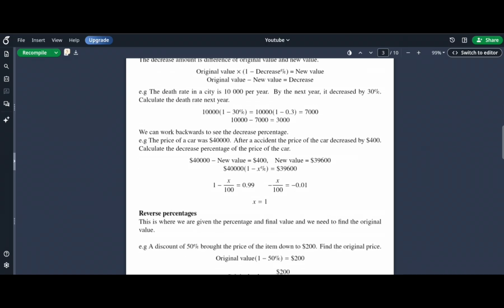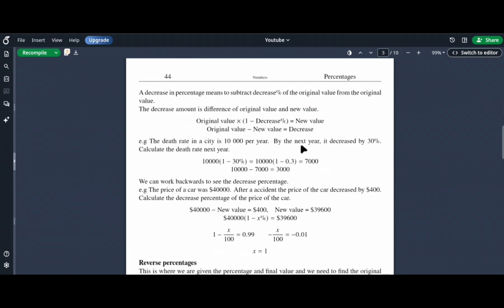Example: the death rate in a city is 1,000 per year. But the next year it decreased by 30%. Calculate the death rate of the next year. So we find the new value, which is 700, which, like we expected, is less than the original value.